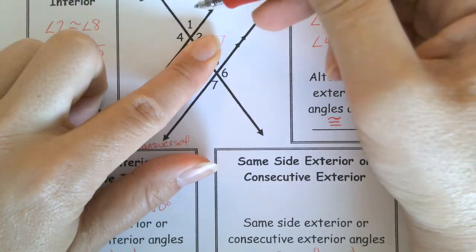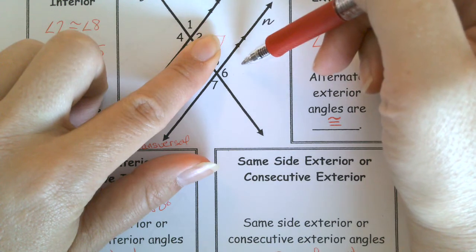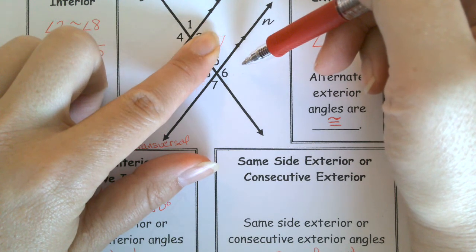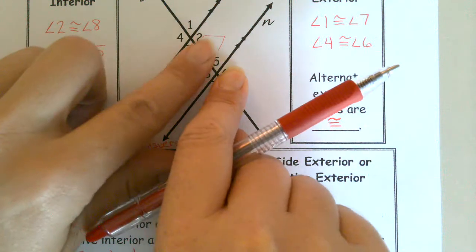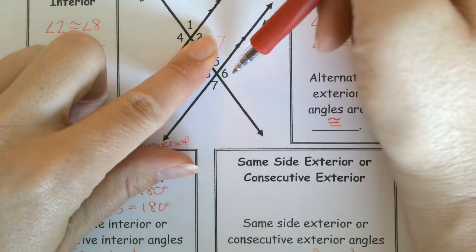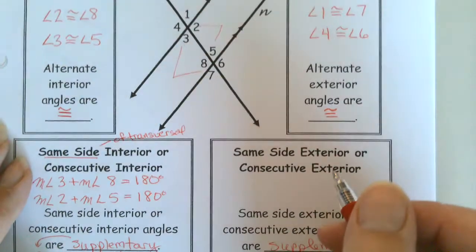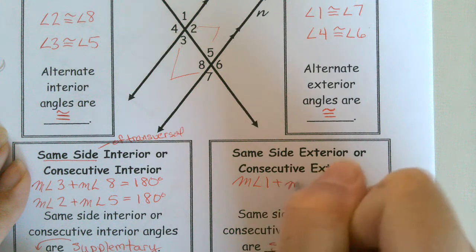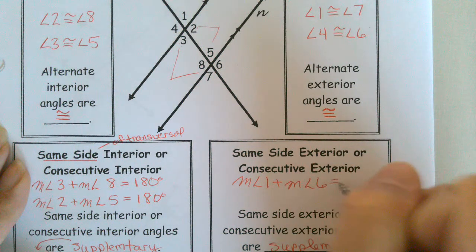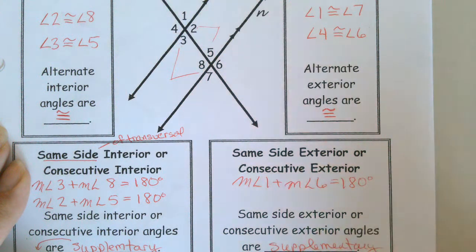They're on the same side of the transversal, but they're exterior. Okay, so that's a little bit different because this is easy to see, same side, they're right beside each other. Same side of the transversal, but on the outside. So the measure of angle 1 plus the measure of angle 6 is 180 degrees.